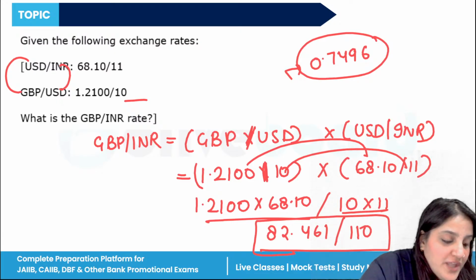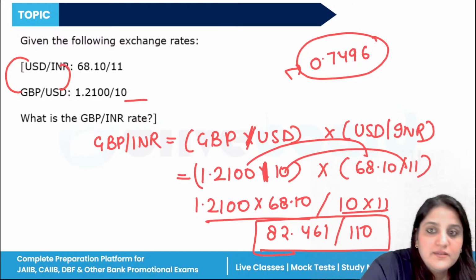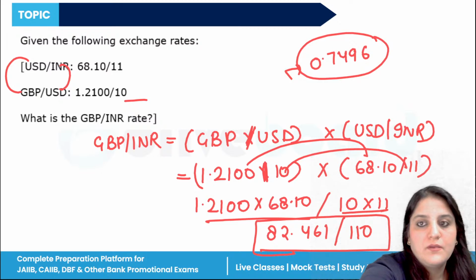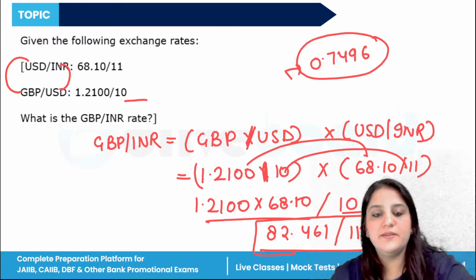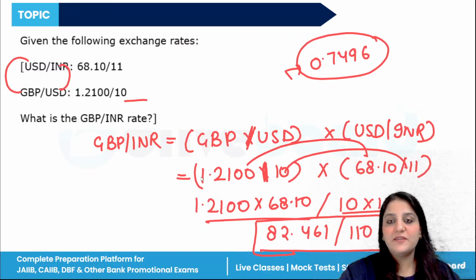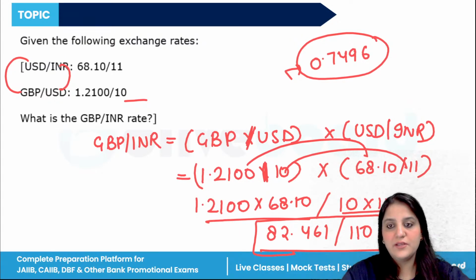That means for the appropriate GBP INR rate, this is the answer here. Clear how to calculate this rate? So this is also a method where we can calculate the rate of this calculation.